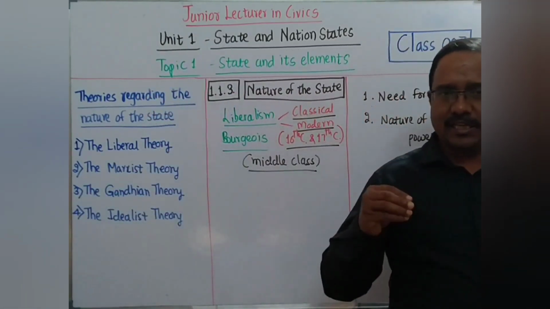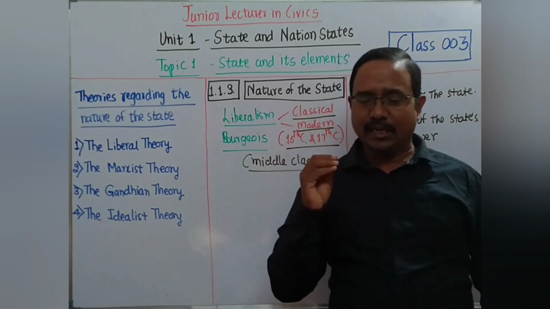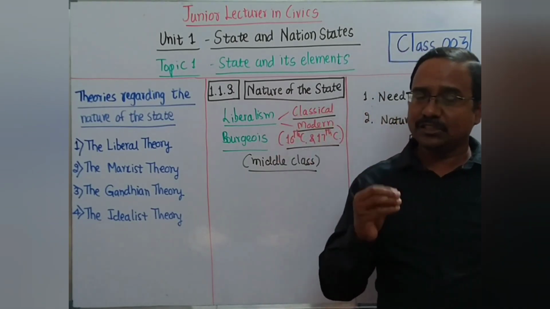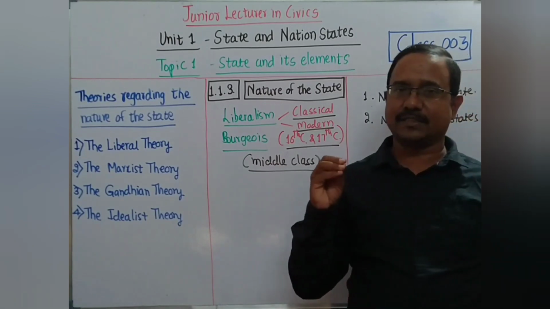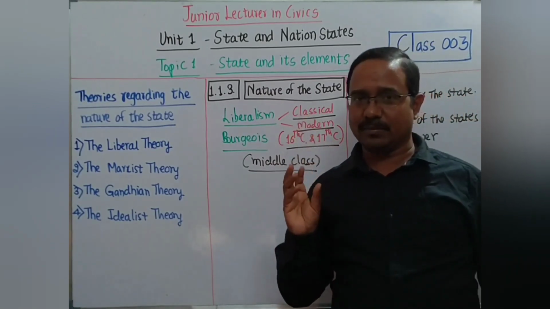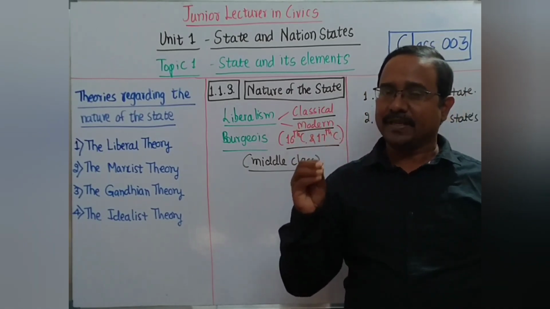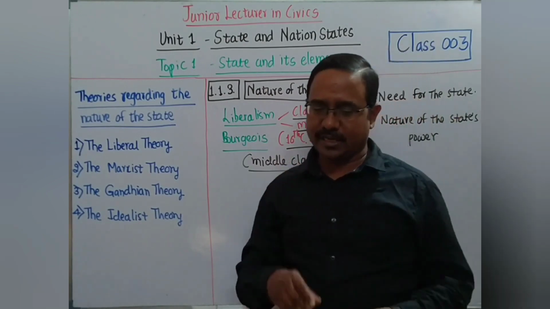In liberal theory, the individual's interests, liberty and rights are given prominence, so it is going to establish a democratic government. It is not giving any priority or importance to the state.